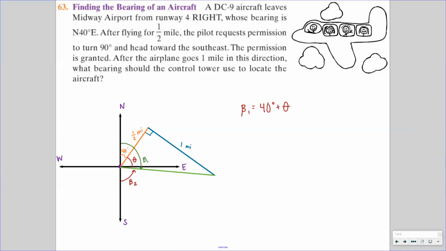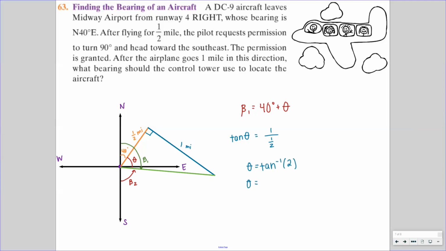It's a huge review of geometry here. But what am I told about theta? Well, I have a side length opposite, I have a side length adjacent, so we can use tangent here in order to solve for theta. The tangent of theta is 1 over 1/2, side length opposite over adjacent. So theta is the inverse tangent of 2.